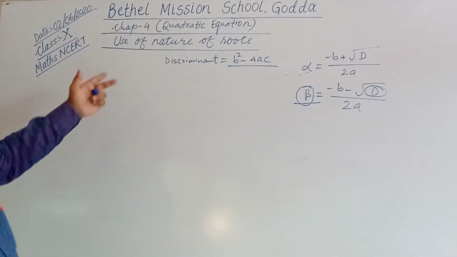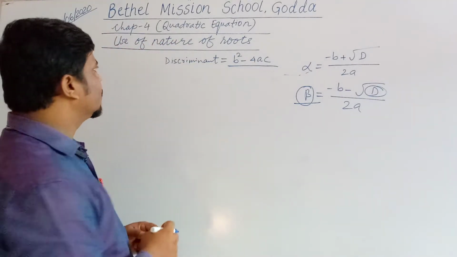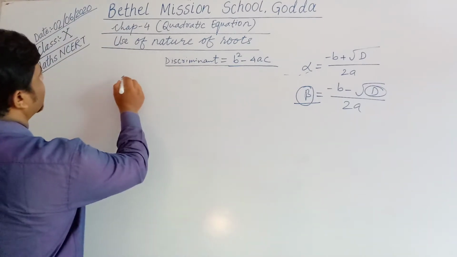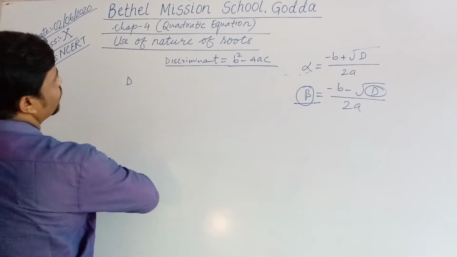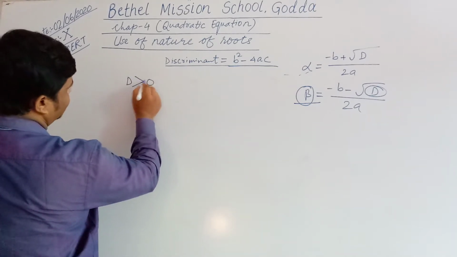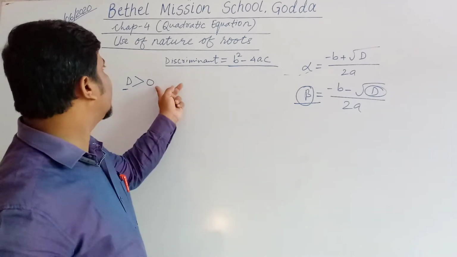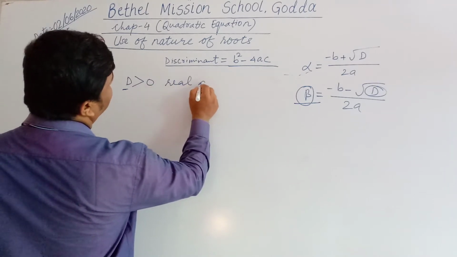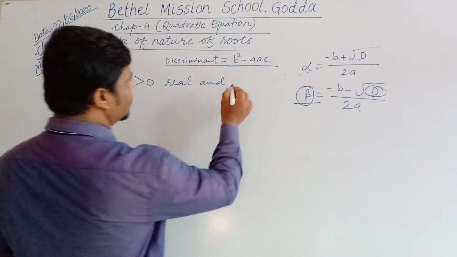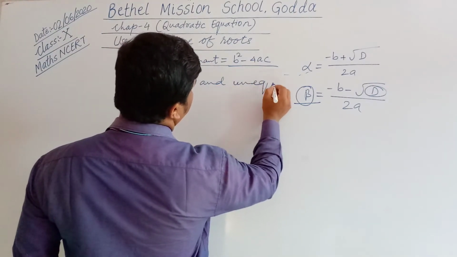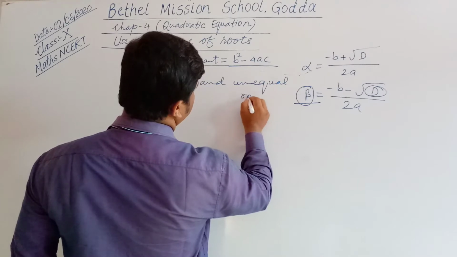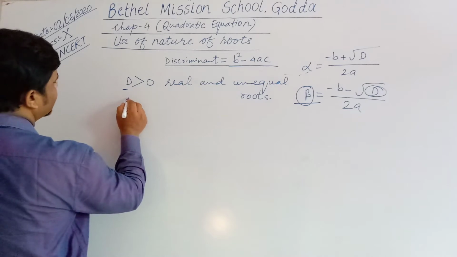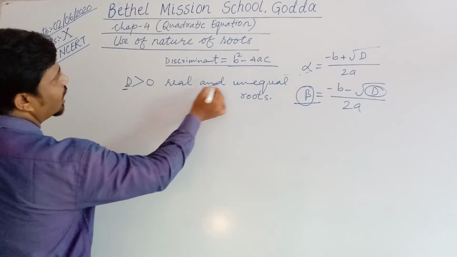Now, what are the nature of the roots and how will this be used? If the value of D comes greater than 0, then there are real and unequal roots.